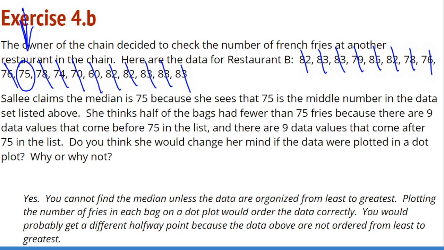So we can't find the median unless the data are organized from least to greatest. Putting the number of fries in each bag on a dot plot is going to put the data in order, and we're probably going to get a different halfway point because the data above are not in order from least to greatest. These are just all jumbled up.